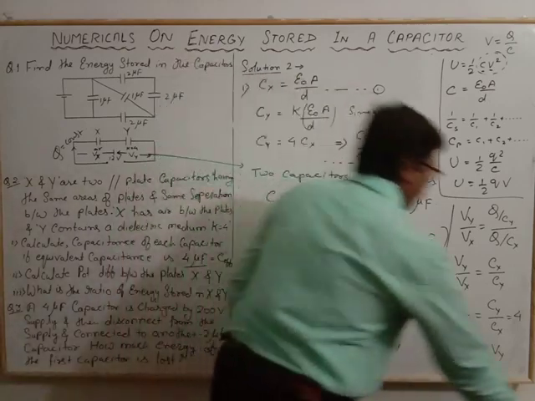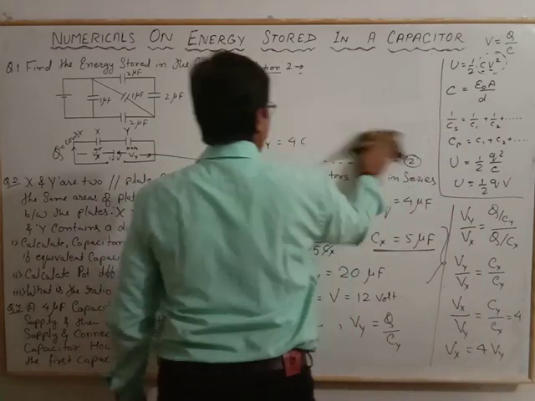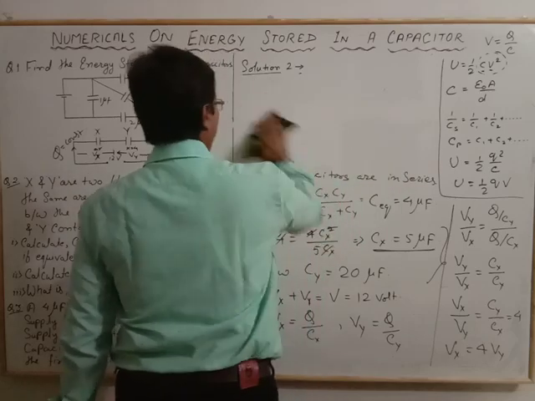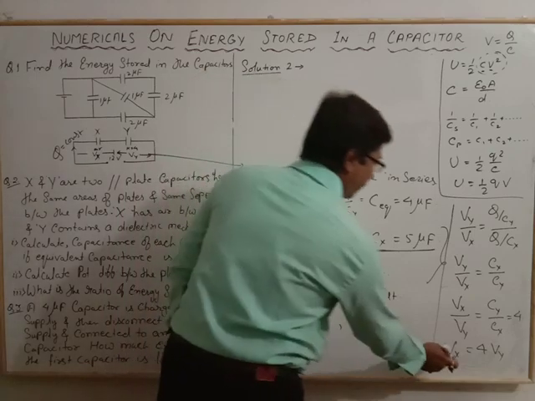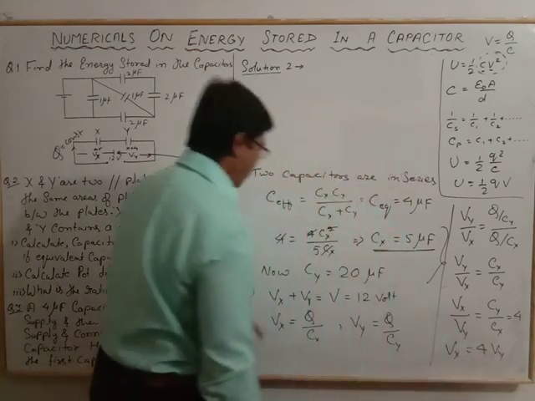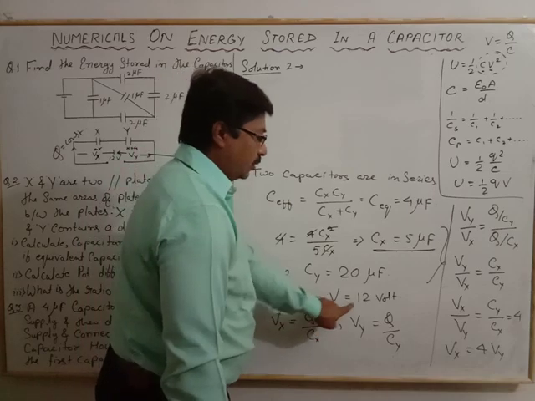Now here Vx is equal to 4 times Vy, and we have the relation Vx plus Vy is equal to 12 volt.